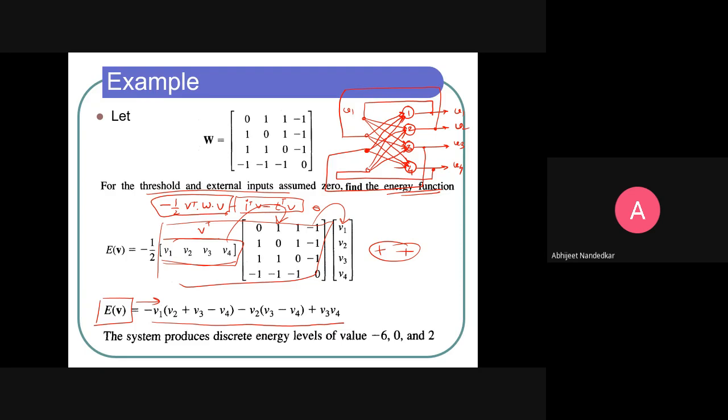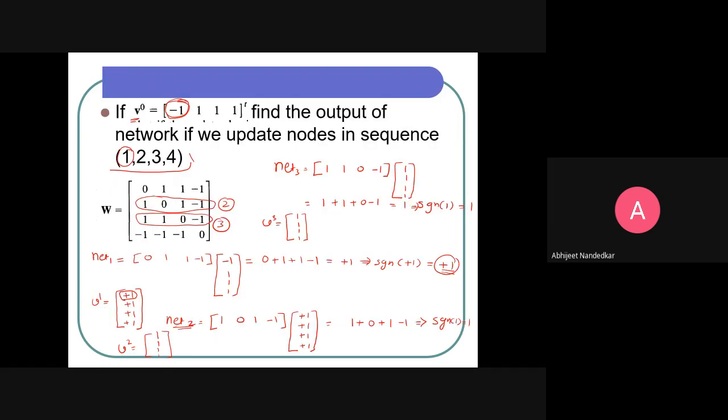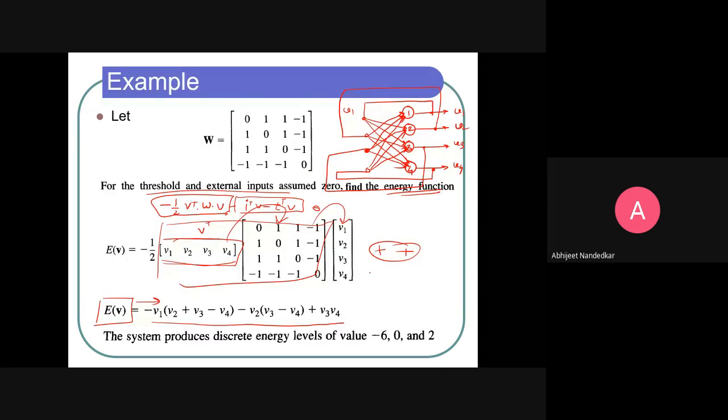The system produces discrete energy levels for values -6, 0, and 2. Now, how did I come to know? For that, you can try at home: I have 4 inputs, so I can write here V1, V2, V3, V4.